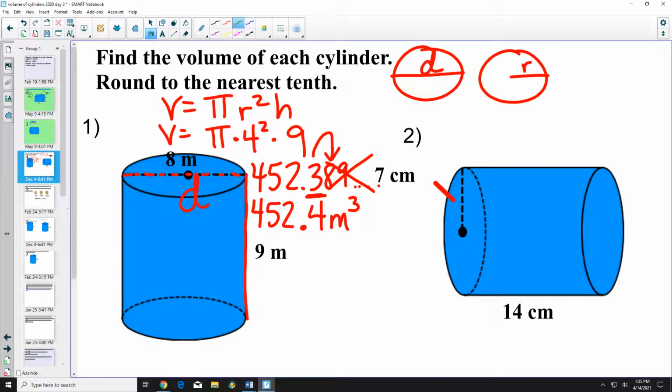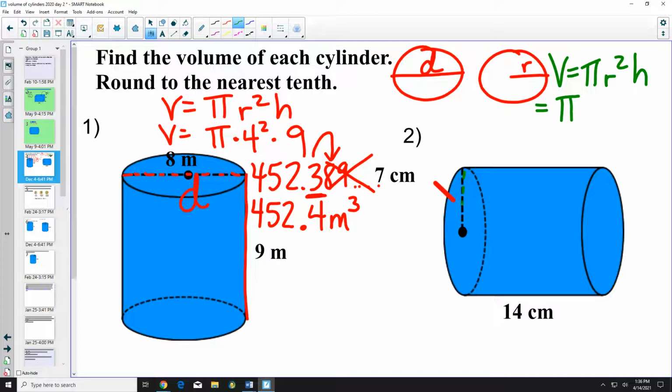All right, do number 2 with me. So we have a cylinder. It's a can. We're going to find the volume. We're measuring the space on the inside. Here's our formula. First you're going to write volume equals pi r squared h. Now we're going to use the pi button today, not 3.14. Remember, r is the radius.